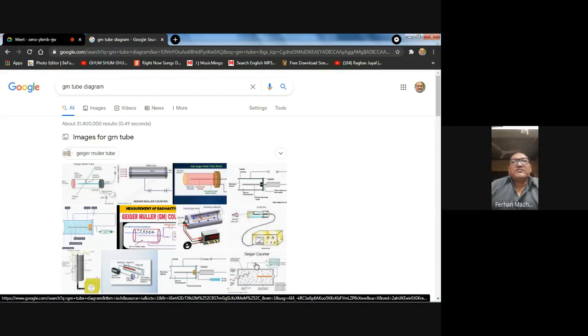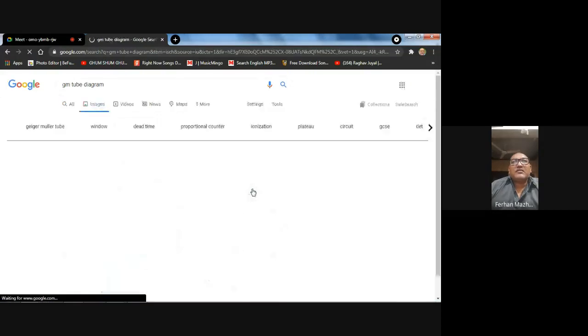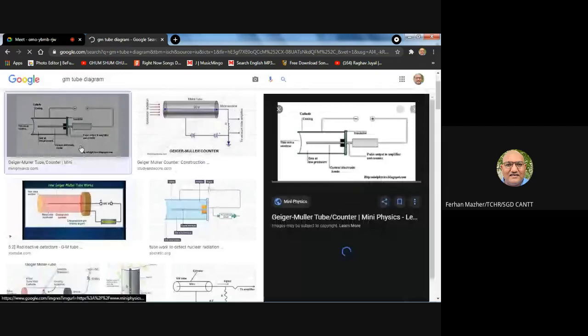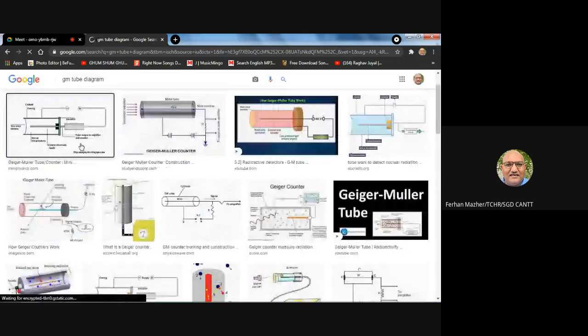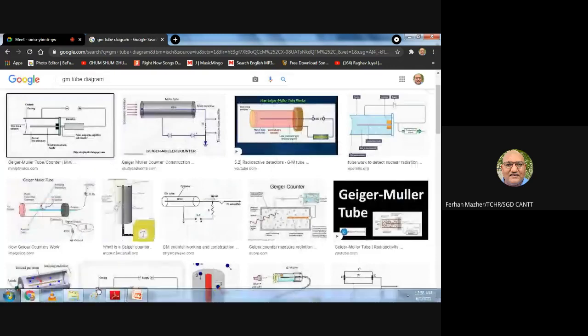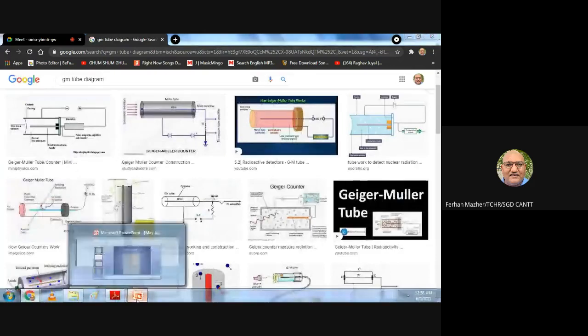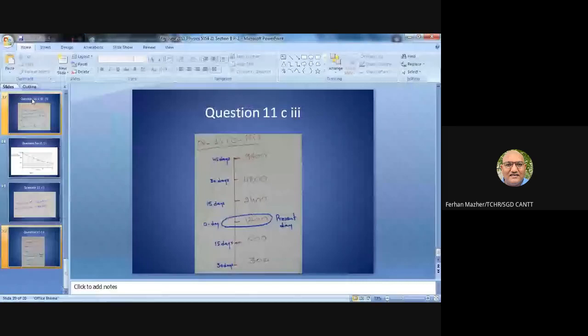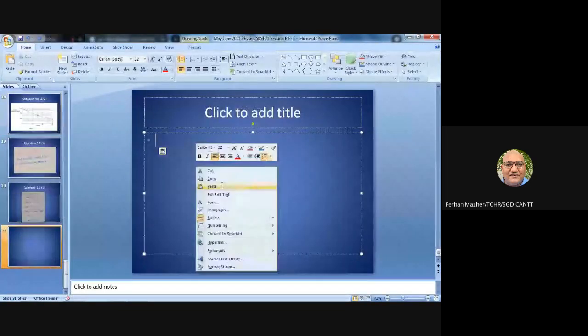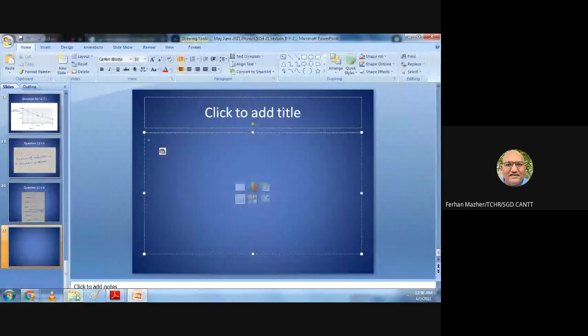You see, this is that famous diagram. Let me copy the image, and let's put it here and see. Let me explain it there and there.